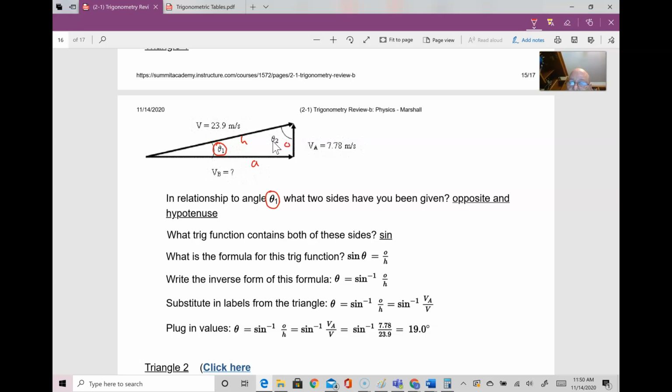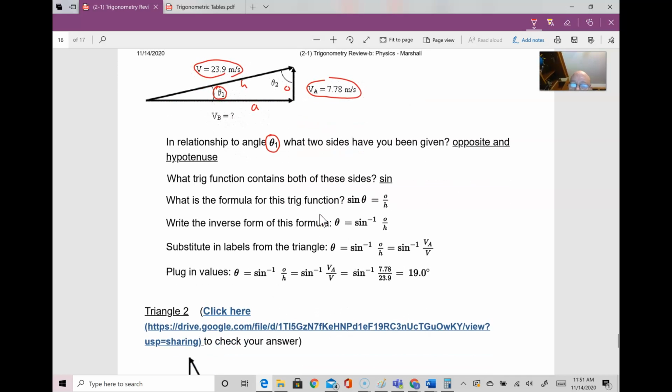And hopefully you can see that for this angle, I've been given the hypotenuse and I've been given the opposite side. Okay, I know that the trig function for that is sine, right? SOHCAHTOA. And I can write down the definition for that, sine of theta equals opposite over hypotenuse.